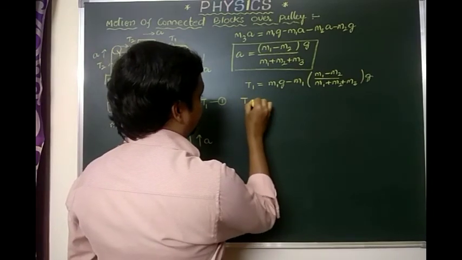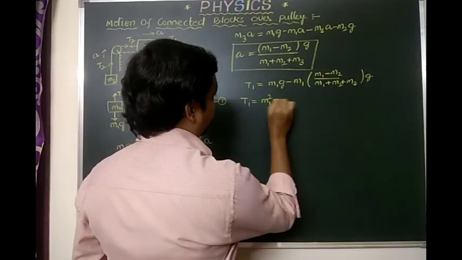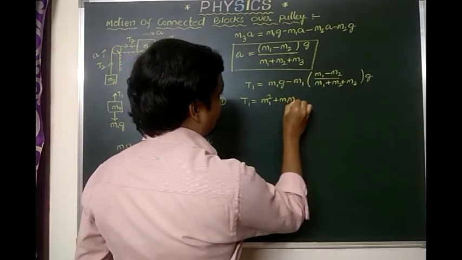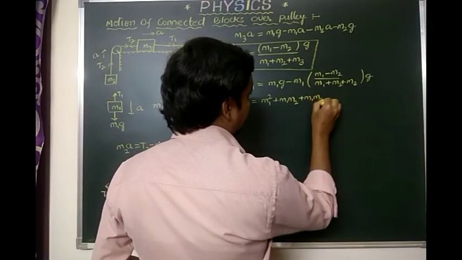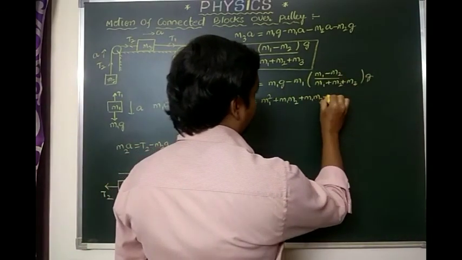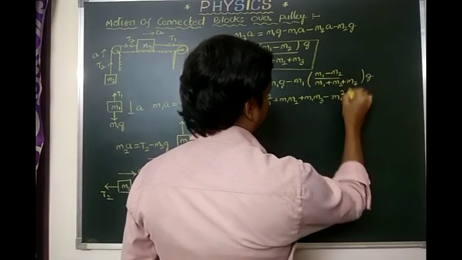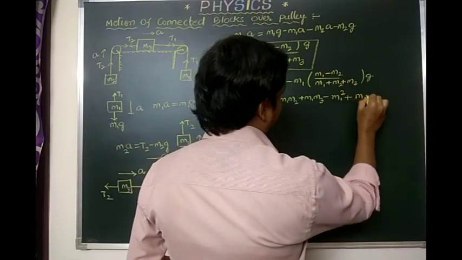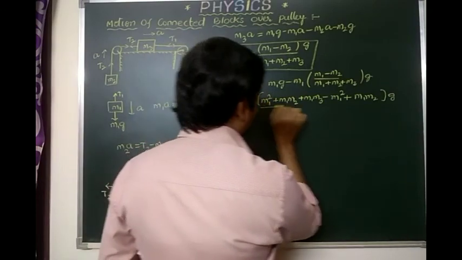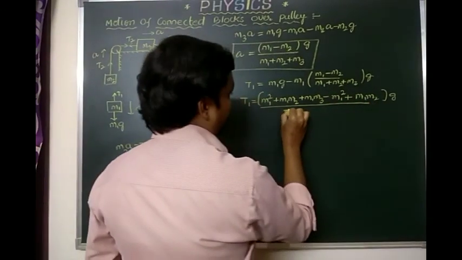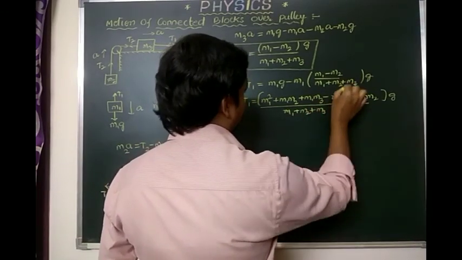Then tension T1 equals M1 square, plus M1 M2, plus M1 M3, with G kept outside. So M1 square minus minus becomes plus M1 M2 into G, divided by M1 plus M2 plus M3.